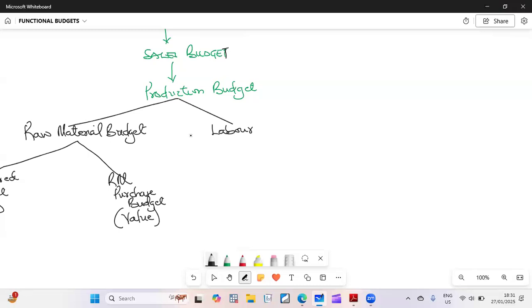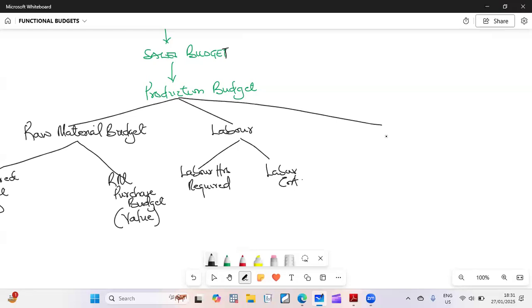We will need the labor hours required for the job and the labor cost. If we know the hours, we can multiply it by the cost and we will get what we need.